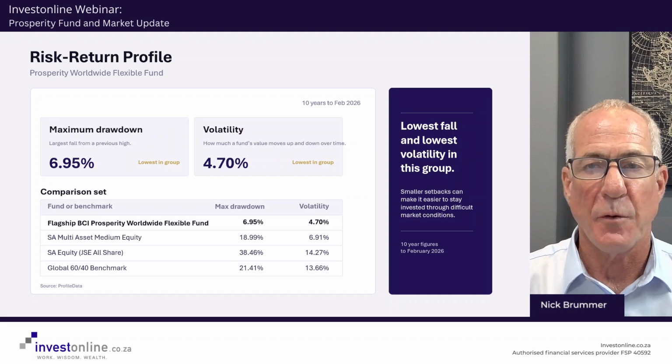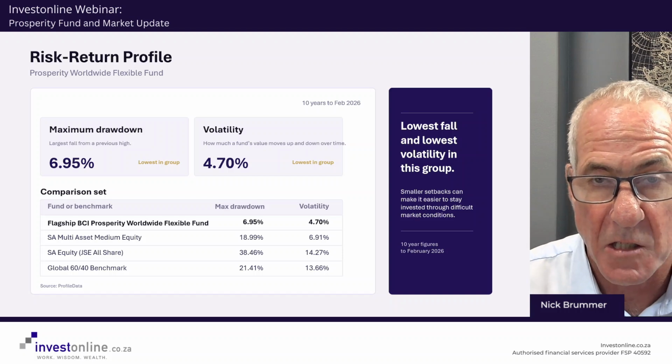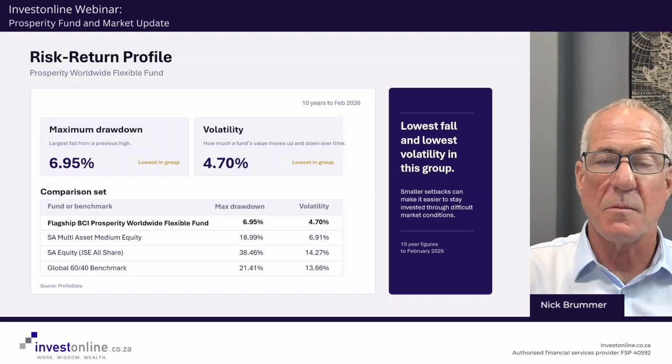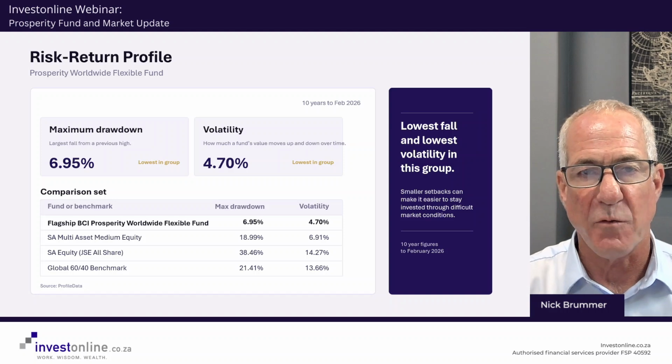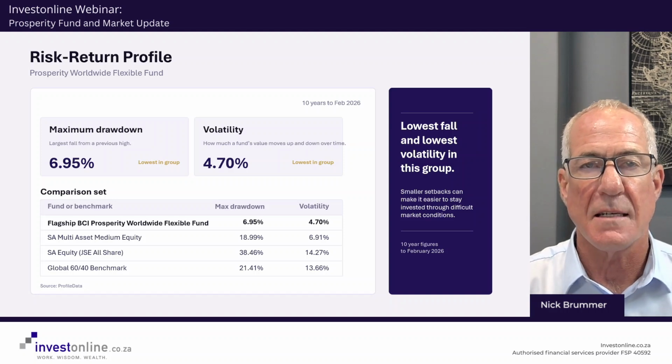And the reason for that is very much the way that it's managed. And we'll go through that in terms of the management style, and you'll see from the management style why the volatility is significantly lower.